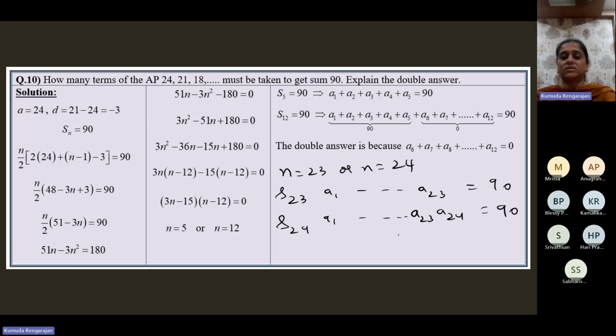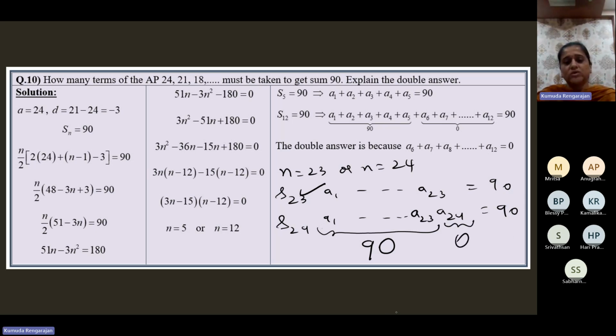This sum is also 90. But already A1 to A23, the sum is 90, right? S23 means from A1 to A23, the sum is 90. S24 means A1 to A24, the sum is 90. But still, when you include the 24th term, the sum is still 90. That means the 24th term is 0.